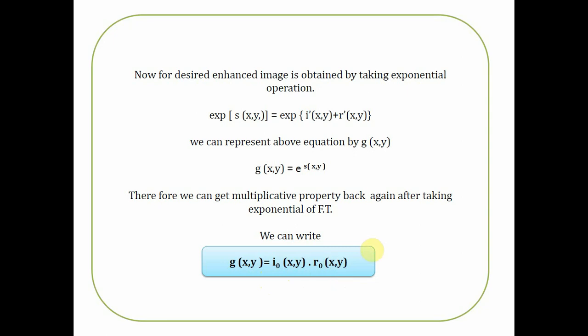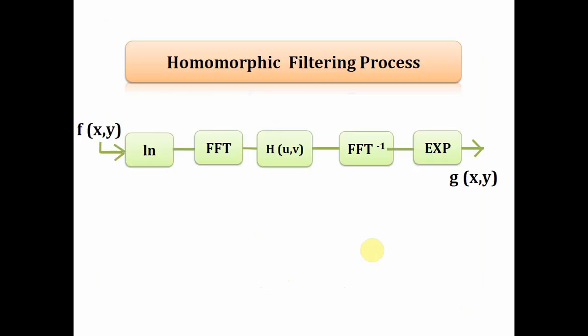Okay. So this is nothing but the steps of homomorphic filtering. The first step is you are giving the input signal f of xy. As it has two components, the incident component and the reflectance component, they show multiplicative properties. We cannot directly take the Fourier transform on multiplicative properties.